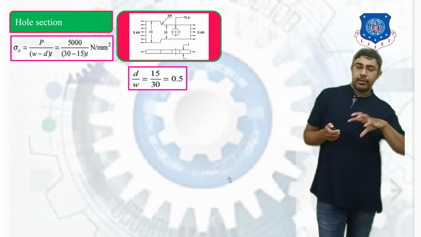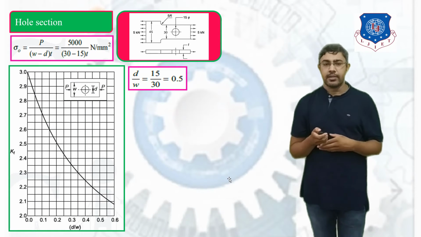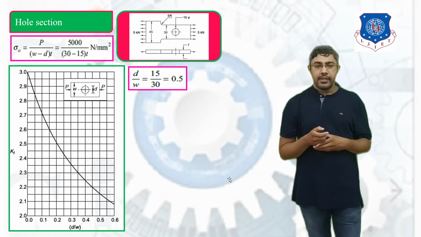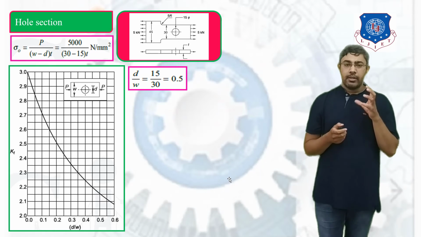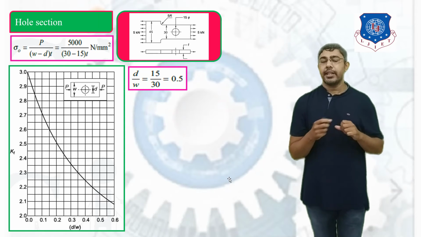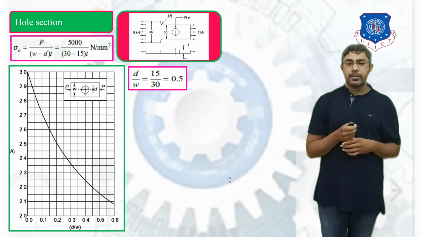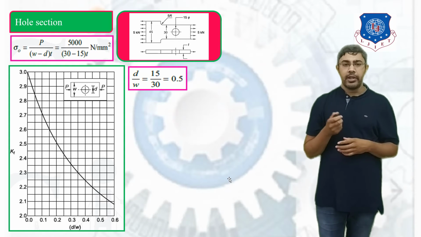Now to calculate the stress concentration factor, we have to use this stress concentration chart. This is the chart for the plate which has the central hole and is subjected to tensile load. In our case, the value of small d by W ratio is 0.5.